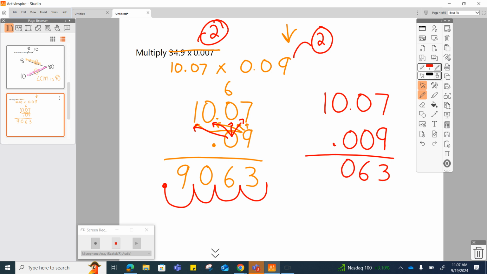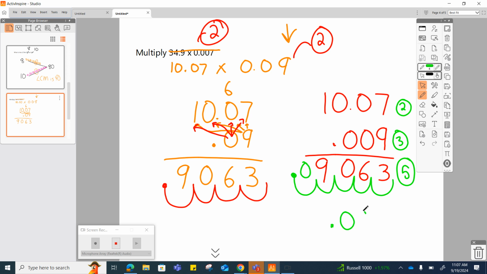But instead of a total of 4 decimal places, this is 2 decimal places and this is 3 decimal places, so I would need a total of 5. So I want to point out that if you do that, it's 1, 2, 3, 4, 5, and you fill in that space with a missing 0. As I said, as I'm going over the problem, I feel like I might have written it down wrong, so I want to go over that.